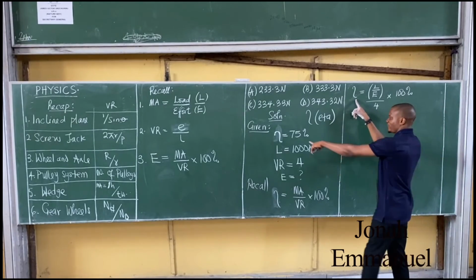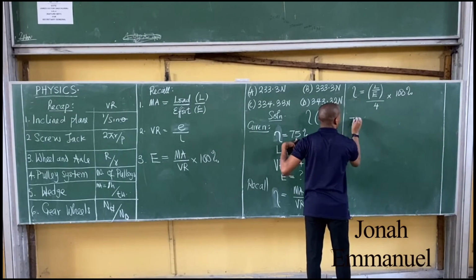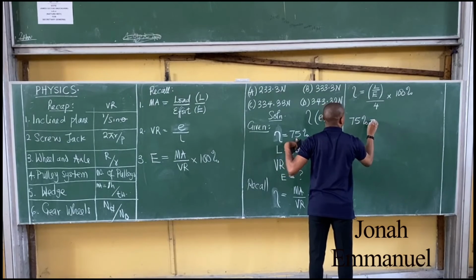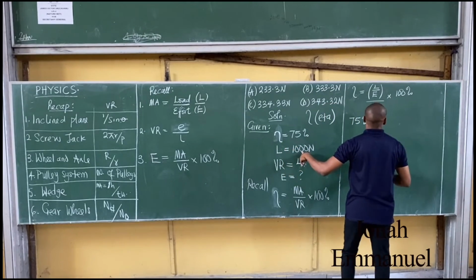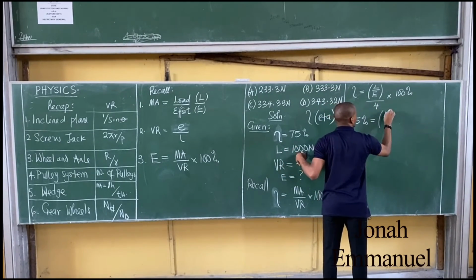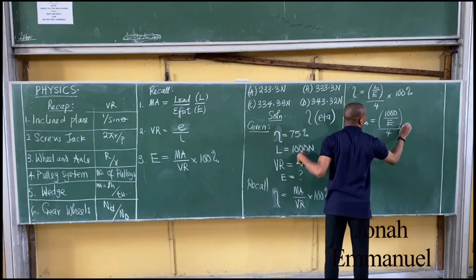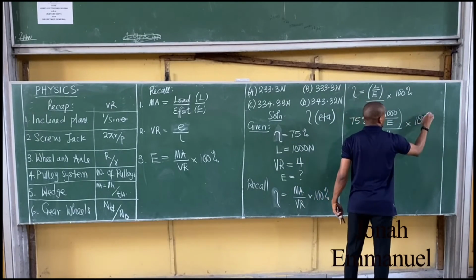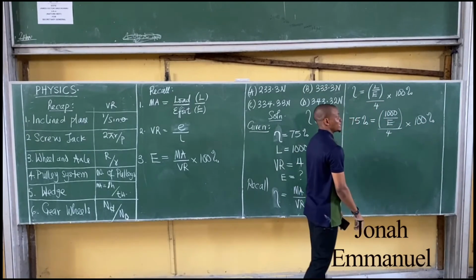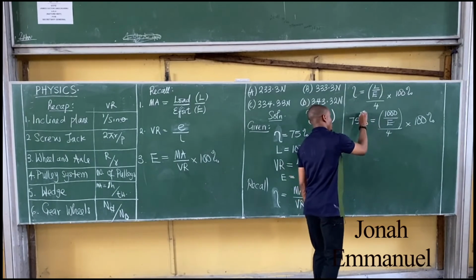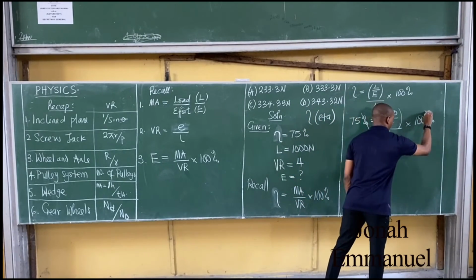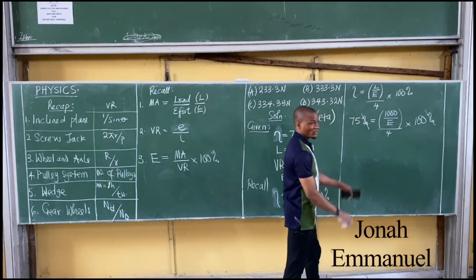At this point, insert values and solve mathematically. Eta is 75%, so 75% is equal to the load, 1,000, all over the effort E, all over 4, times 100%. At this point, percentage can cancel percentage. Next, work this out.